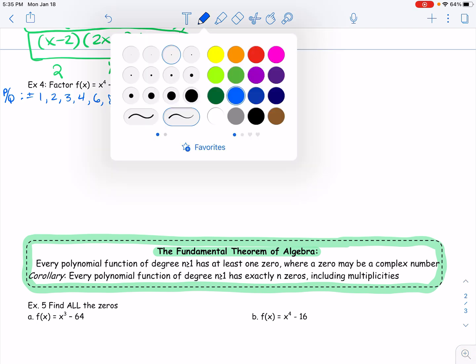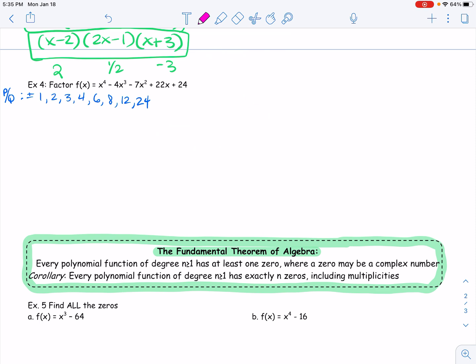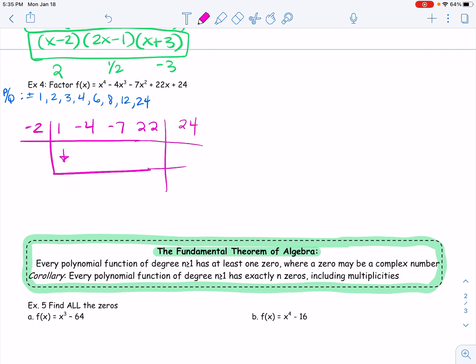So let me change colors. All right, pick a number. I think you said let's go -2, just to be different. So then I list my coefficients: 1, -4, -7, 22, 24. And this is, again, where your skills really come into play.